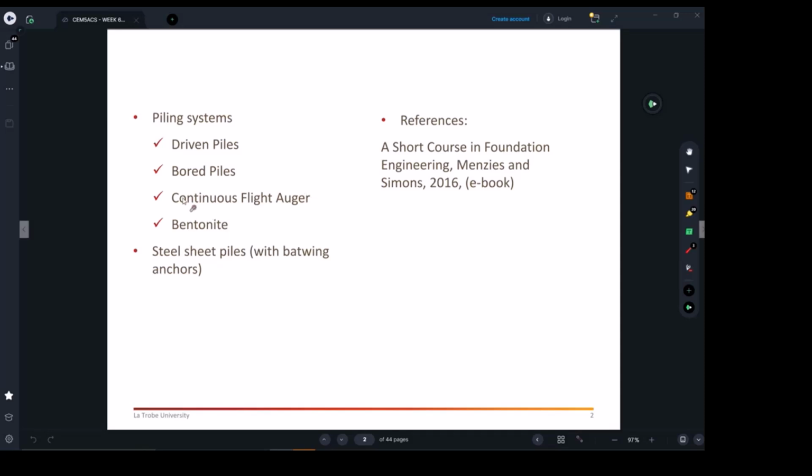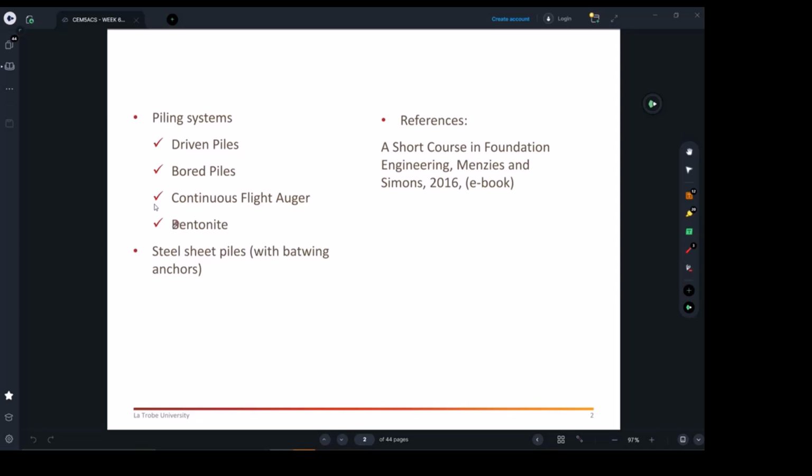Now, one of the challenges found when constructing piles is you may have very loose material in the ground, or maybe a water table that will keep filling the hole you dig. Even if you want to use the CFA method, it won't work because the water will be coming into your hole while your auger is still in the ground.